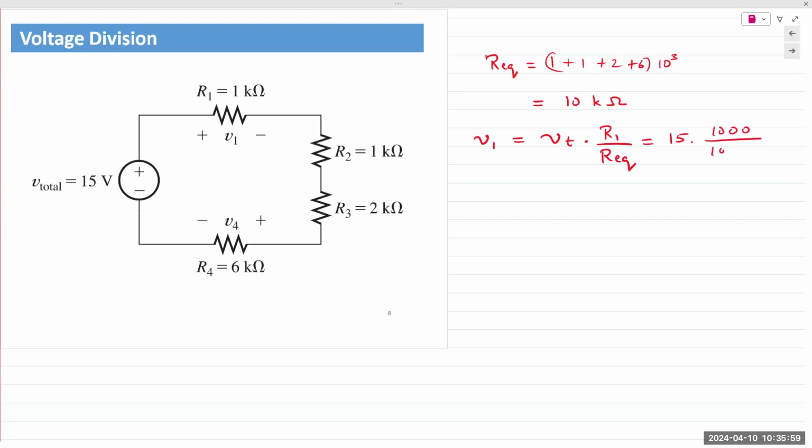Actually, you can solve this without any calculations. What is V1? 1.5 volts. How about V4? Anyone online who is calculating?